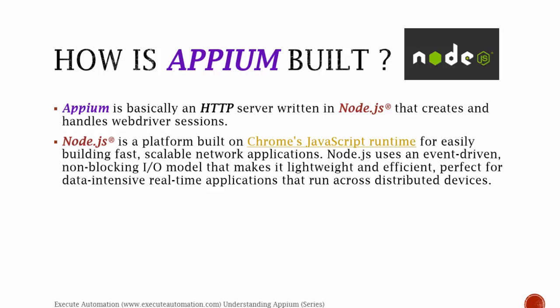And Node.js uses an event-driven, non-blocking I/O model that makes it lightweight and efficient, perfect for data-intensive real-time applications that run across distributed devices. Well, this is just a theory about Node.js, but Node.js is really an awesome programming language.